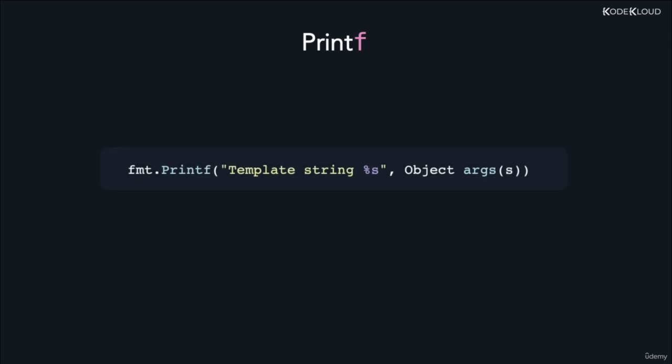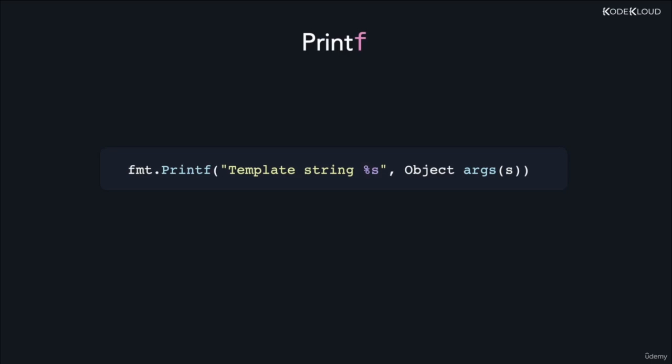Now, as you may have noticed, making up a statement using commas can be quite cumbersome. To our rescue, the fmt package has a function called Printf that implements formatted input-output. Now, what is string formatting? It is the process of inserting a custom string or variable in a predefined text.